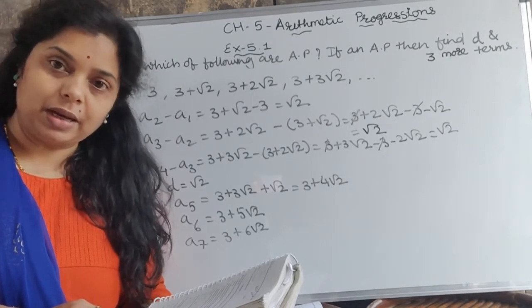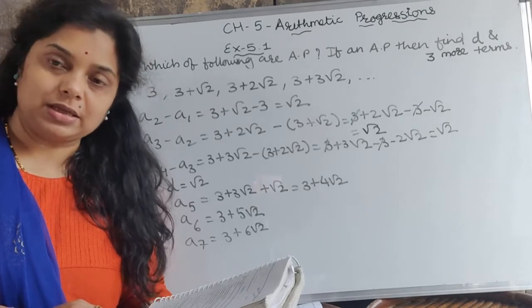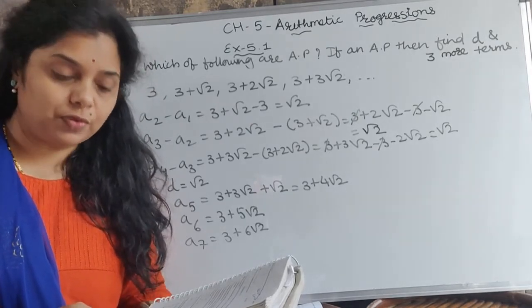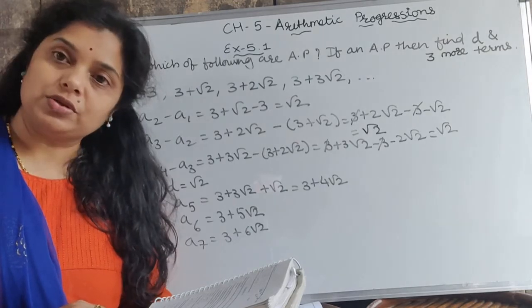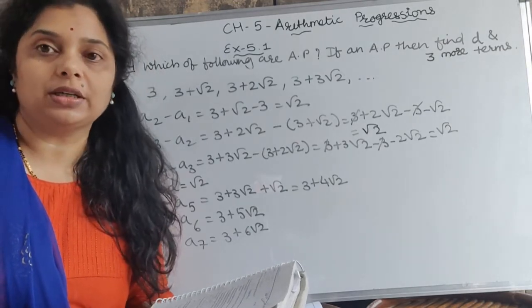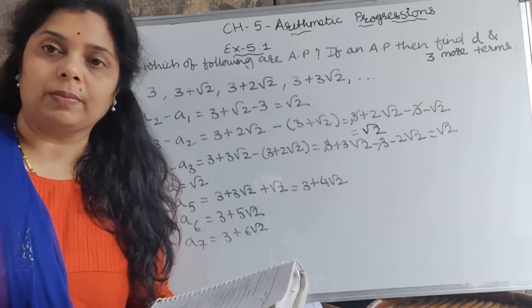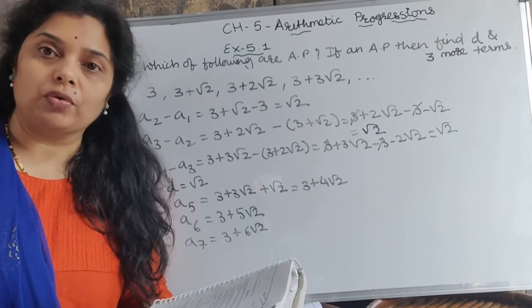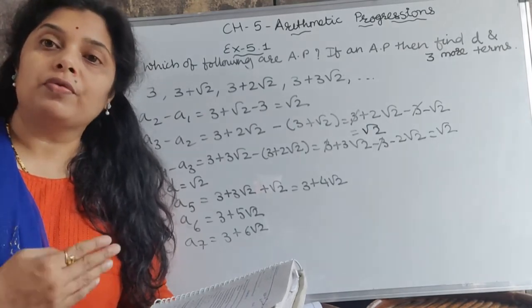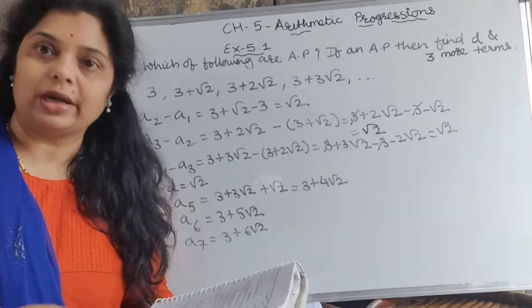Similarly, A3 minus A2, minus 2 plus 6. So again the common difference is 4. A4 minus A3, 2 plus 2, again it is 4. In short, for the fourth sum, the common difference is 4. If the common difference is 4, we have to add 4 to a term to get the next term.